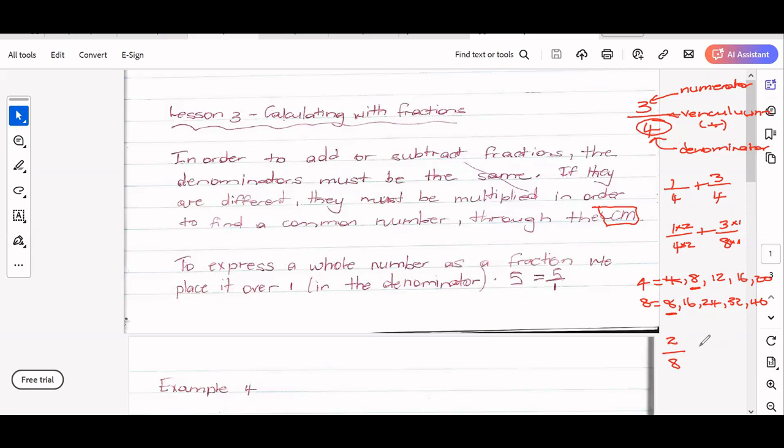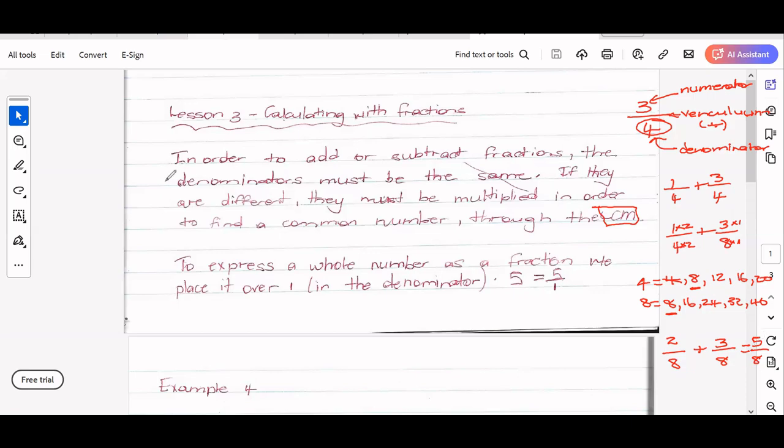So 2 over 8 plus 3 over 8 is our new question. And of course, we could just add our numerators. 2 plus 3 is 5. And we keep the denominator. So a quarter plus 3/8 is equal to 5/8. And that is how we add. And if we had a subtract sign there, we could subtract fractions. So they must have the same denominator.